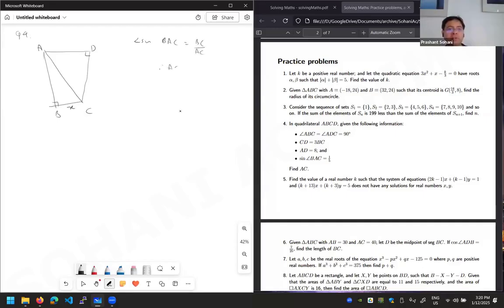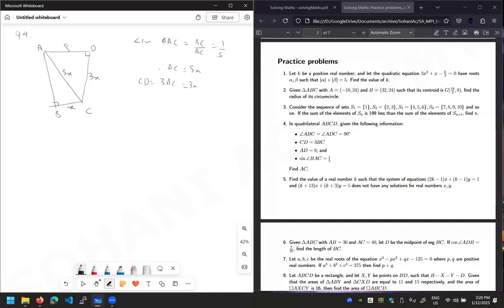So it is given that CD is equal to 3x because it's thrice. Yes, CD is 3 times BC, so it is 3x. And AD is given as 8. Yes, correct. So we can just apply Pythagoras theorem and get x as 2, and then we can substitute it in 5x.